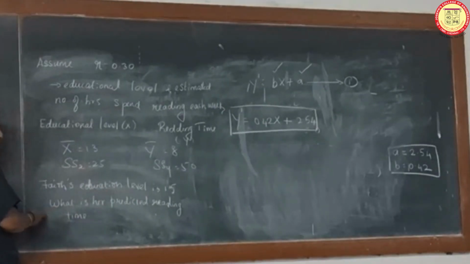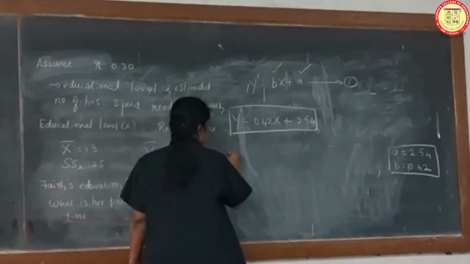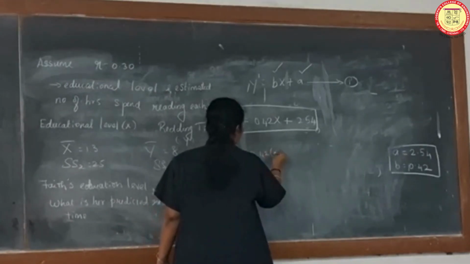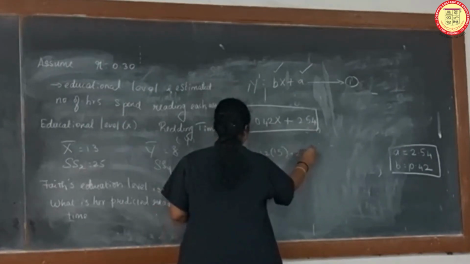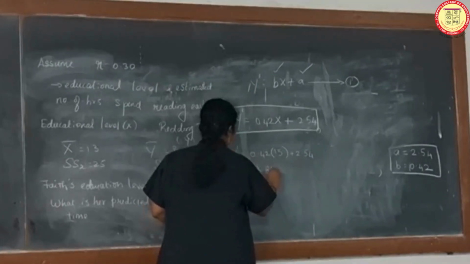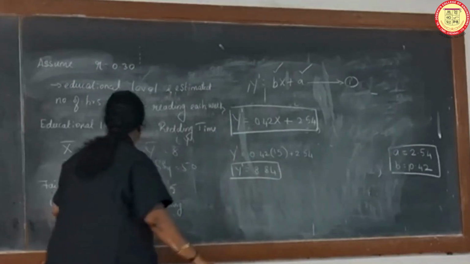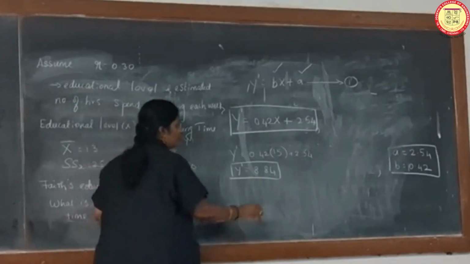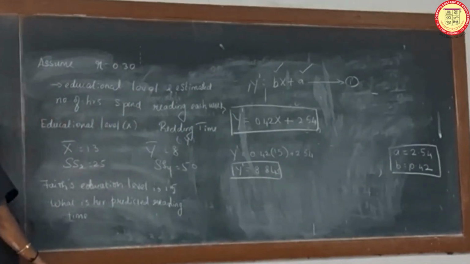So you have to predict the value y. You have to apply this value into this equation. So y dash is equal to 0.42 into 15 plus 2.54. So you will get the value as 8.84. This is the predicted reading time of Faith. Y dash is equal to 8.84 hours.